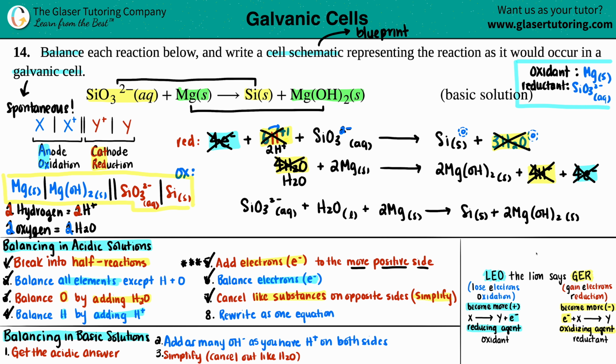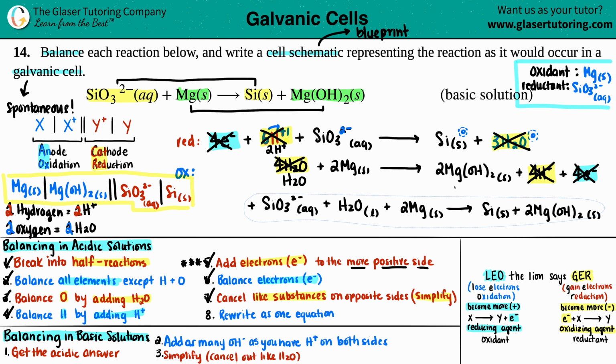And that's it. Did I miss anything? Oh, the 2 H pluses. So I'll add that here. And the 2 H pluses are also, since it's a charge, going to be aqueous.